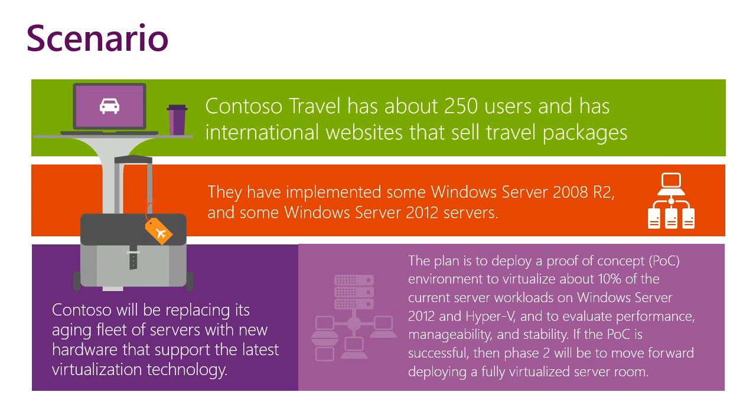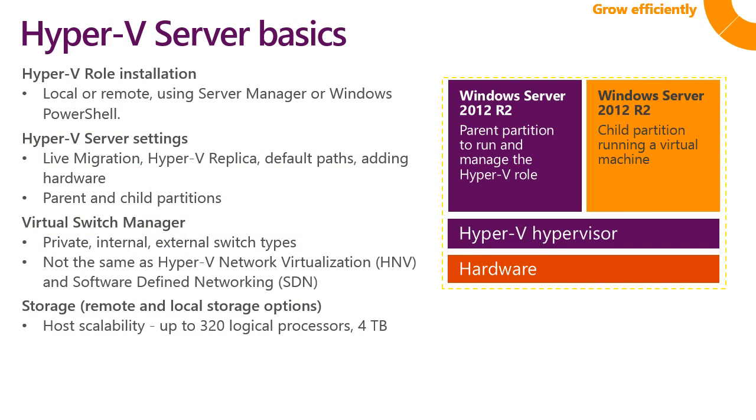So they need to deploy a proof of concept to virtualize about 10% of the current workloads on Server 2012 and Hyper-V, and evaluate the performance and stability. If things work as expected, then they'll be moving aggressively forward to start phasing out some of their older server technologies. So what are some of the technologies that they'll take advantage of?